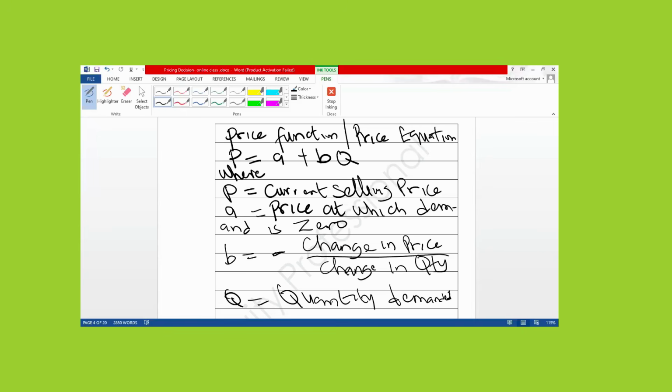This is your price function. You must know your price function so you can derive total revenue. You must determine your price equation before you can calculate your total revenue.